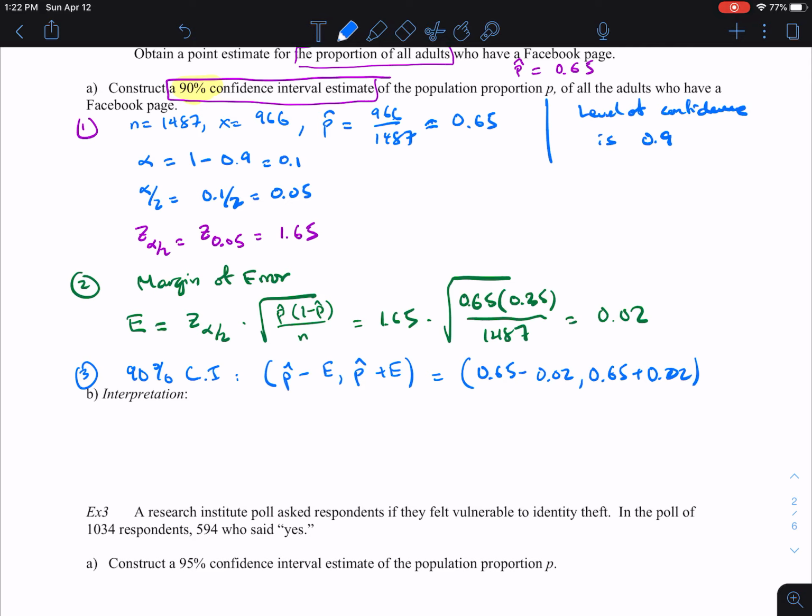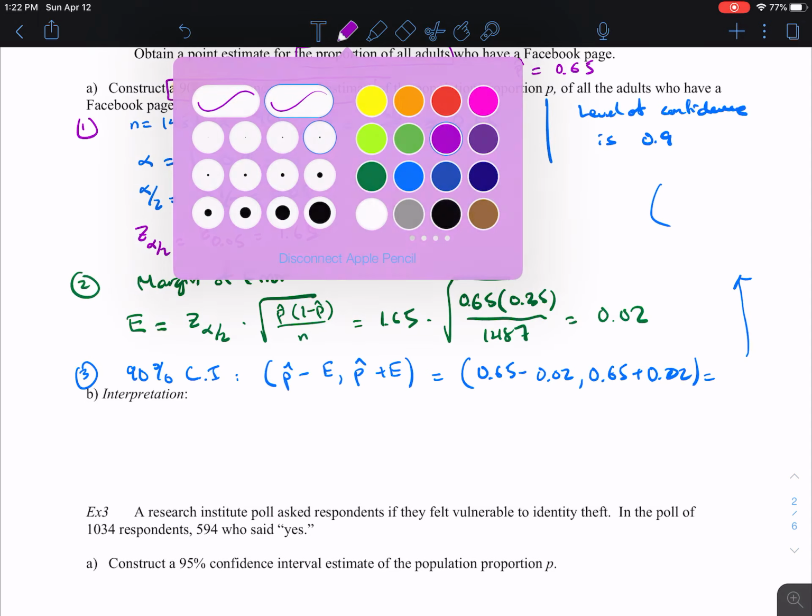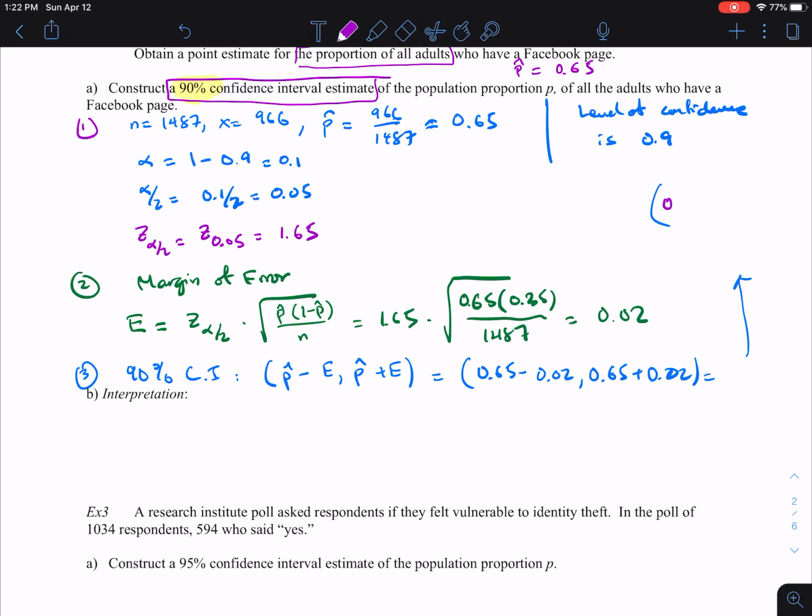I'm running out of room here, so I'm just going to go up there and use purple. It's going to be between 0.63 and 0.67. So that's our 90% confidence interval.